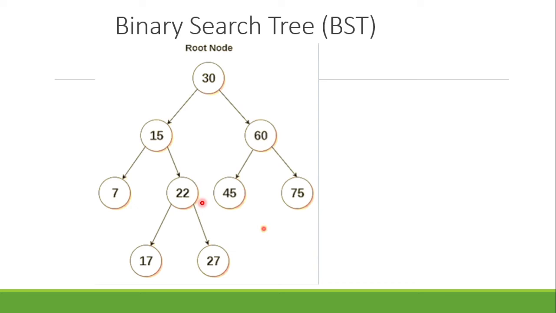We have to perform several operations in the most efficient way. So in which order do I have to arrange my data so that I can perform the operations in the most efficient way? That is the question. To tackle that, one method is storing the data in terms of a binary search tree. So this is one example.